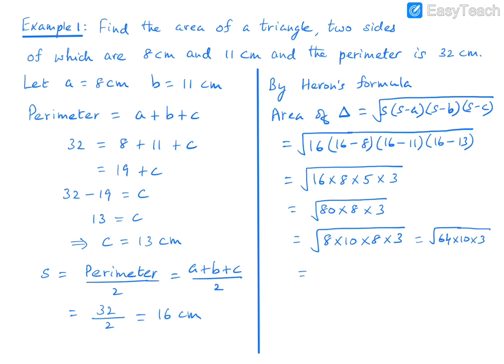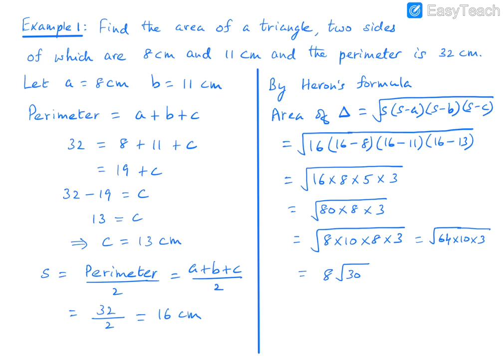So we can take the 64 outside the root. So square root of 64 is 8. So we have 8, and the square root of 10 into 3, which is 30, we can leave as it is. The square root of 30 would be in decimals, so we can leave the expression as it is here.